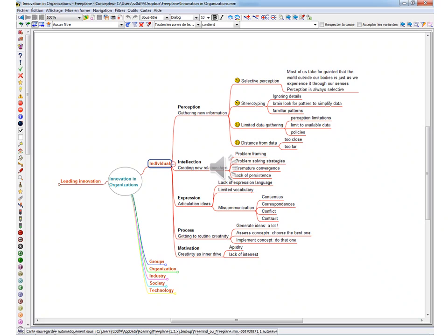We tried to put the information together and also to add some user-friendly icons, like smileys, showing what should be done or what shouldn't be, what should be avoided, like stereotyping, limited data, and so on. We also put in keywords so people can refer easily to the information.